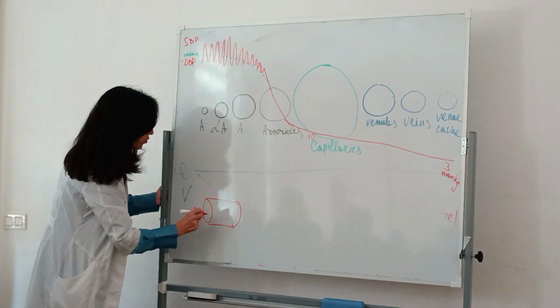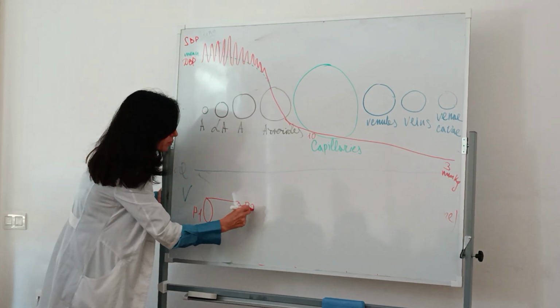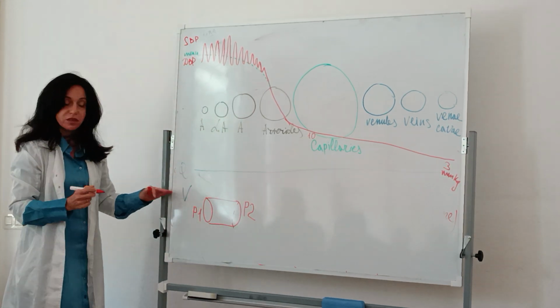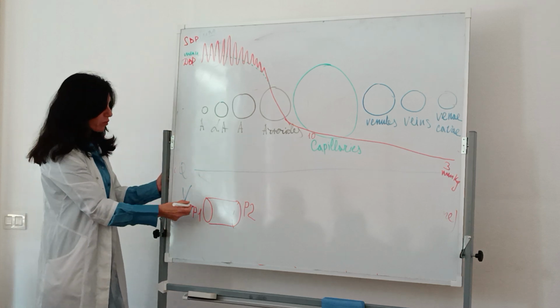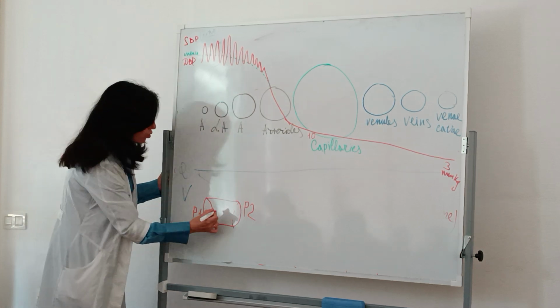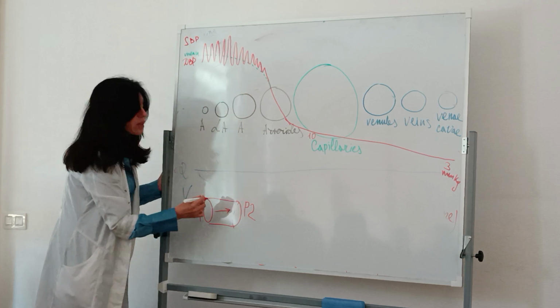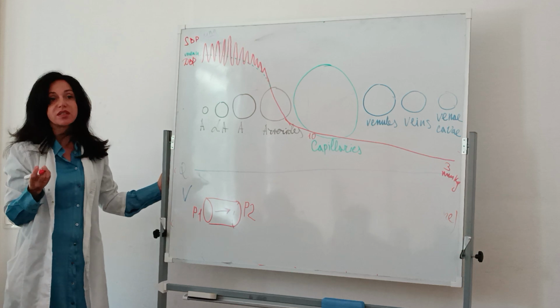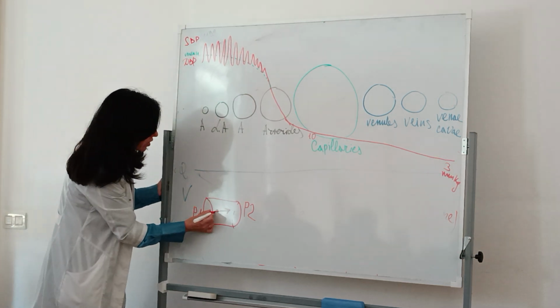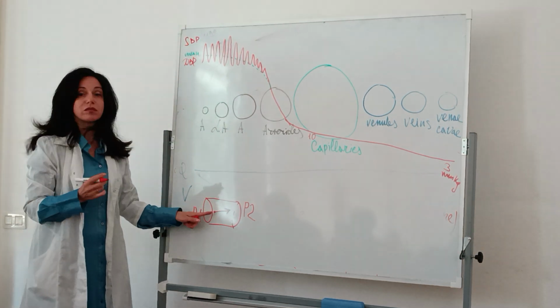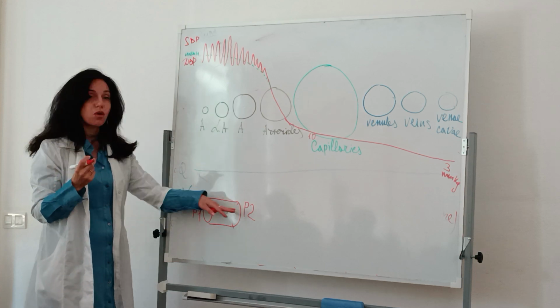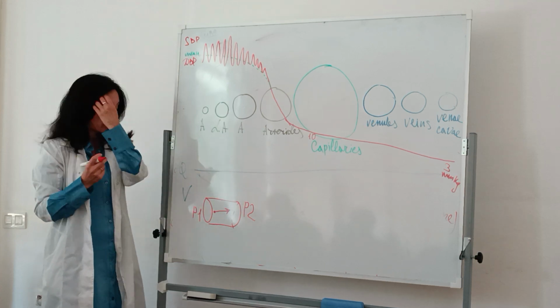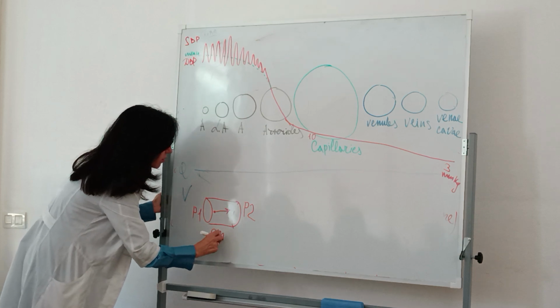Higher blood pressure P1, lower blood pressure P2, blood pressure gradient. Blood flows from point P1 to point P2. And blood flow velocity here is the usual velocity, centimeter per second. So it's the velocity of one particle of blood going along the blood vessel wall, centimeter per second.